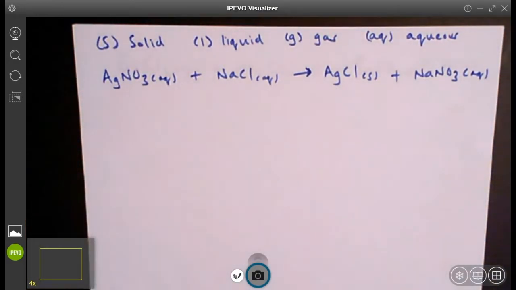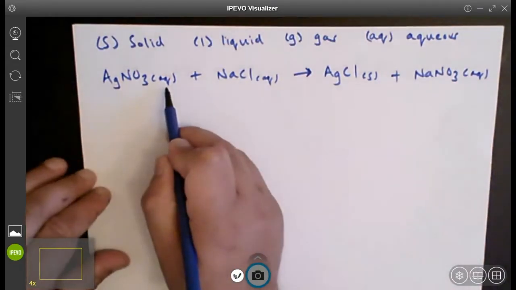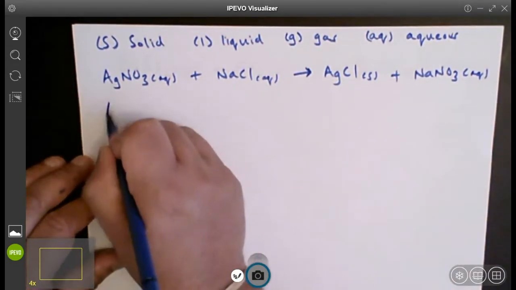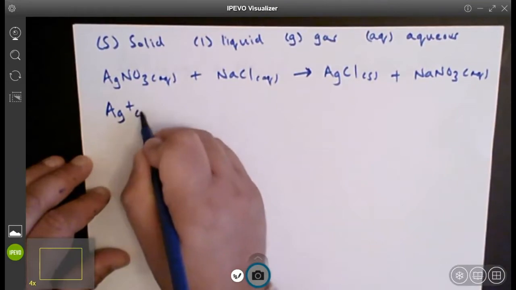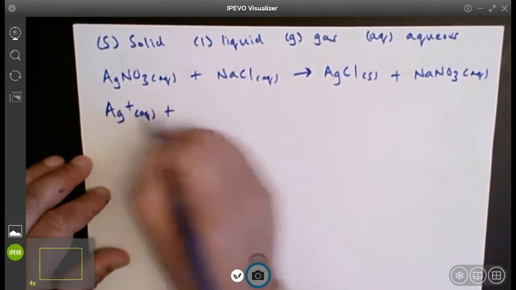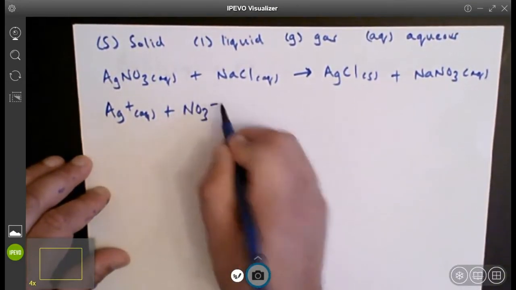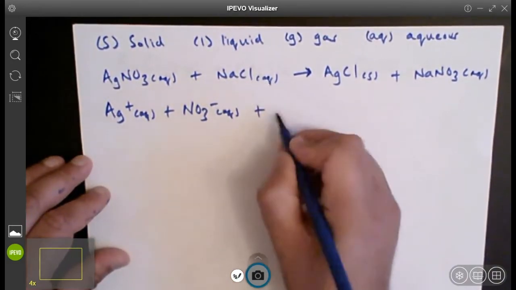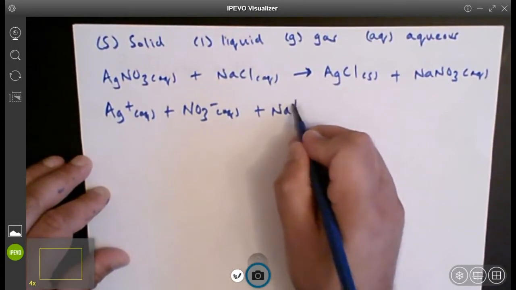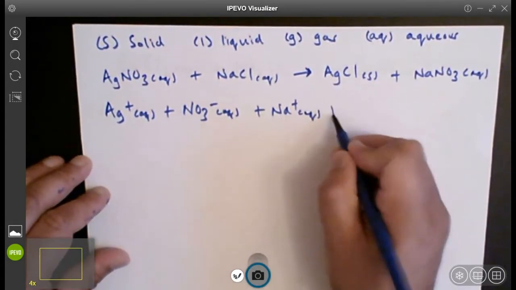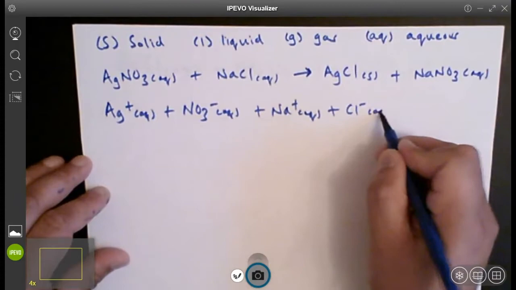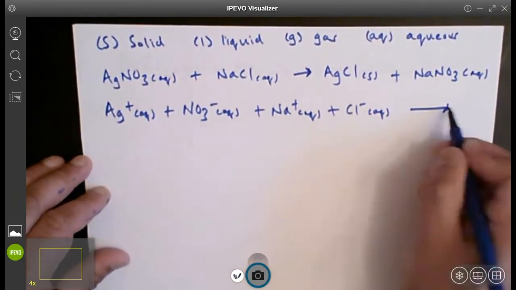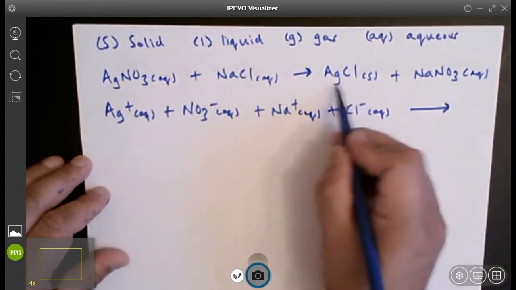So we've got AgNO3, which is aqueous, so that will break up into its ions of Ag+, and you can put aqueous there because they are aqueous ions, and NO3- aqueous plus NaCl. Now look, that's aqueous, so they'll break up NaCl, so Na+ and Cl-, and I'll draw the arrow there and I'll put the rest of it at the bottom.